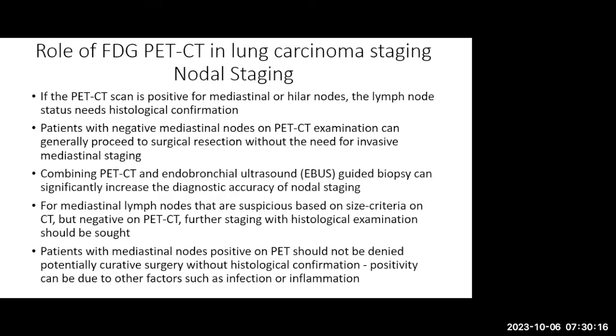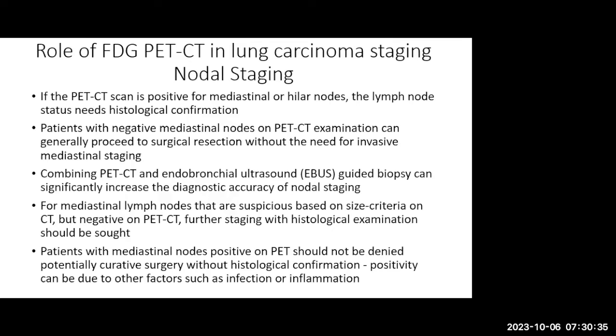So just to summarize in terms of nodal staging, the role of FDG PET-CT: if you have a positive node in the mediastinum or the hilum, then you need histological confirmation. It's not like it's positive on FDG, so automatically it's malignant.